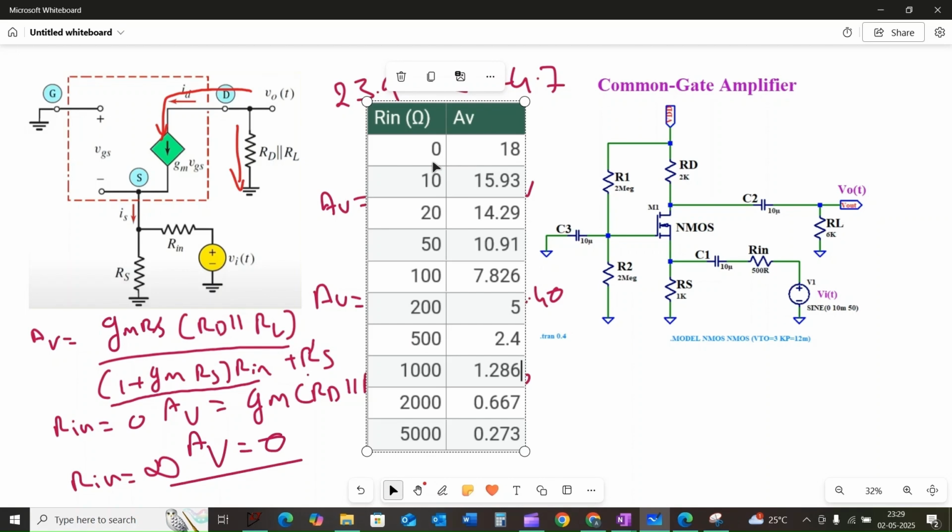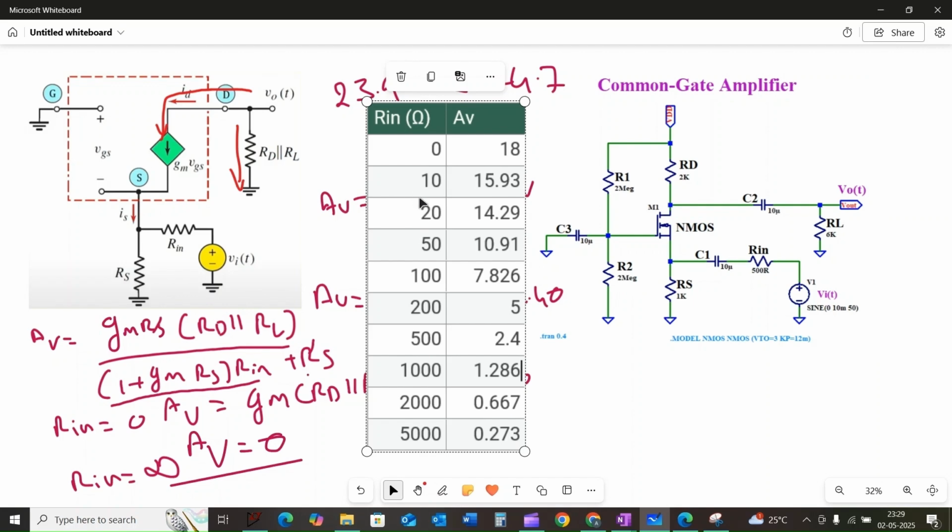Considering this chart, if we minimize the resistor Rin, our gain will be maximum, and similarly if we increase the resistor Rin value, the gain is going to reduce.